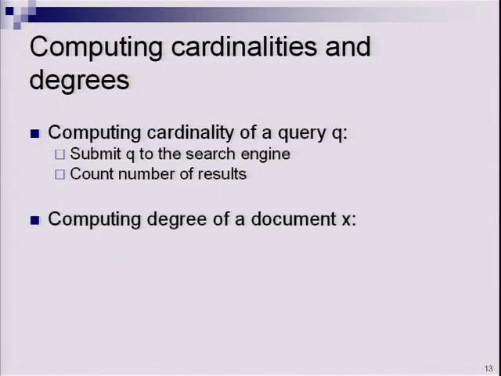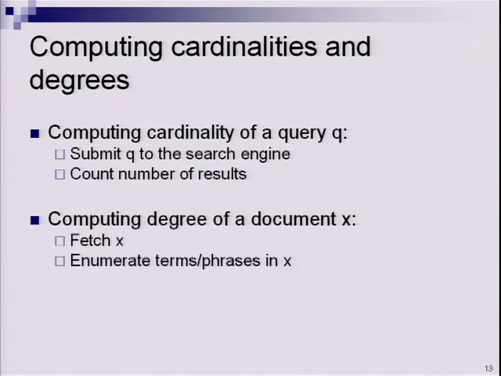How do you compute the degree of a document? This is somewhat more tricky. If you assume the pool consists, say, just of terms or phrase queries, then you could do that. Suppose our pool is just terms, like the example we had. So we just enumerate over all terms in the document.